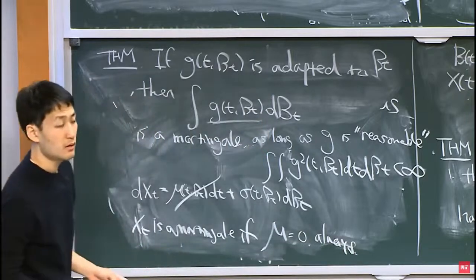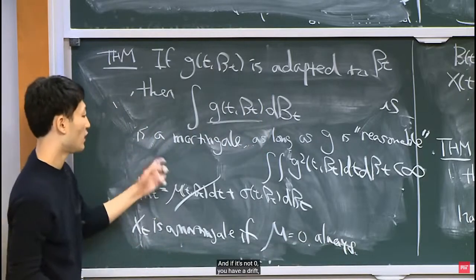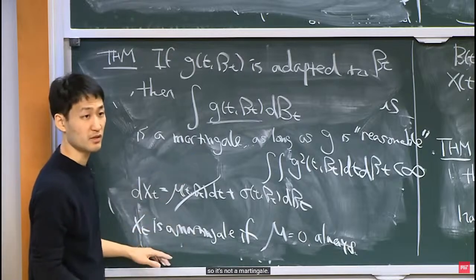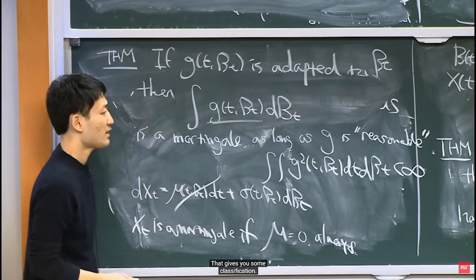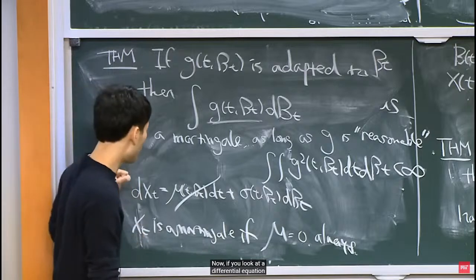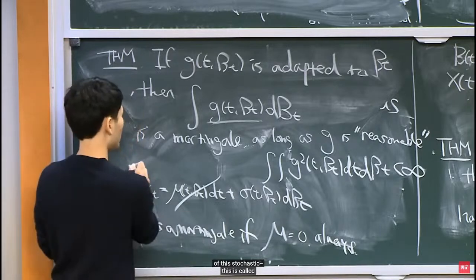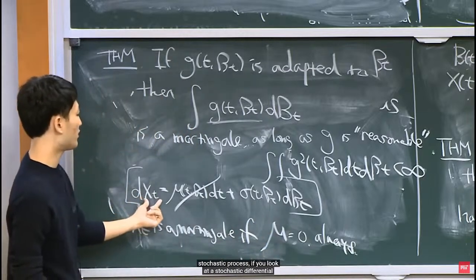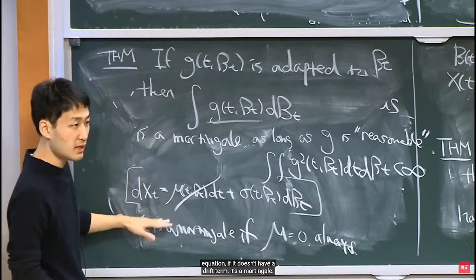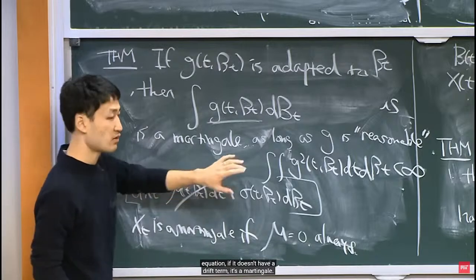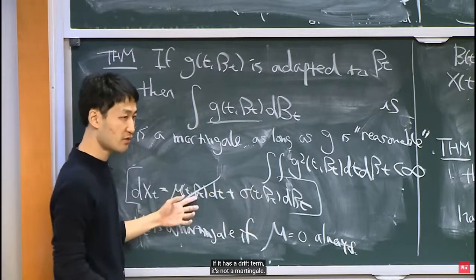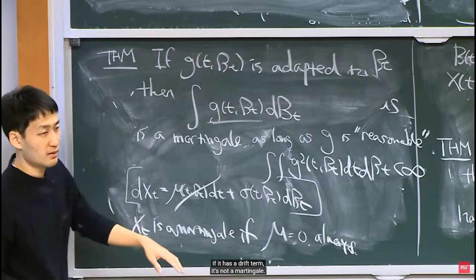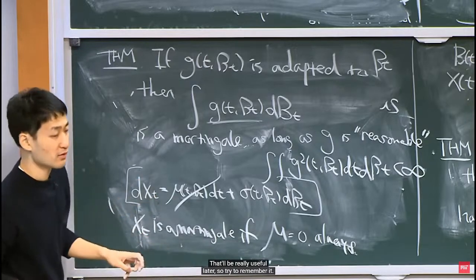Okay. And if it's not 0, you have a drift, so it's not a martingale. That gives you some classification. Now if you look at a differential equation of this stochastic, this is called a stochastic differential equation. If it doesn't have a drift term, it's a martingale. If it has a drift term, it's not a martingale. That will be really useful later, so try to remember it.